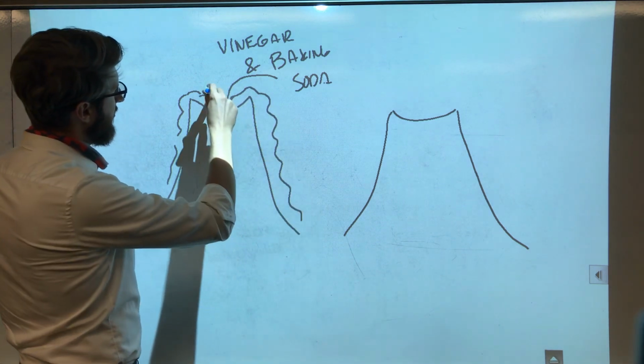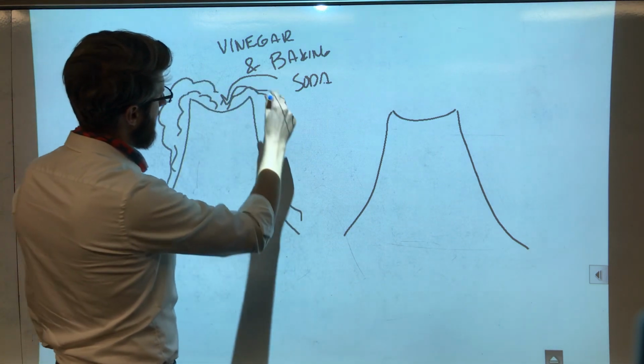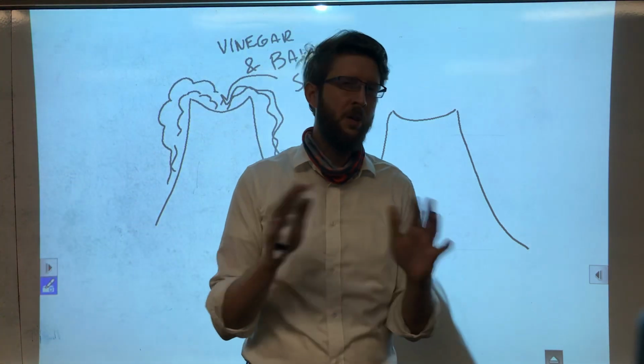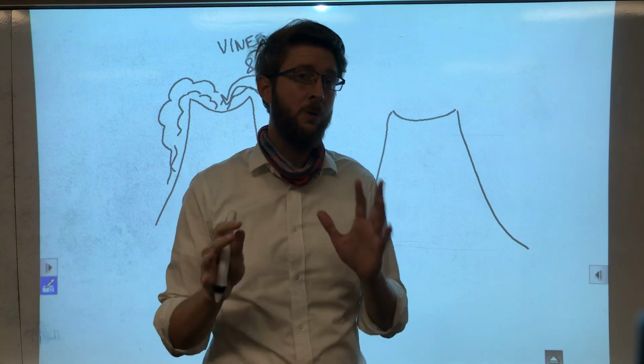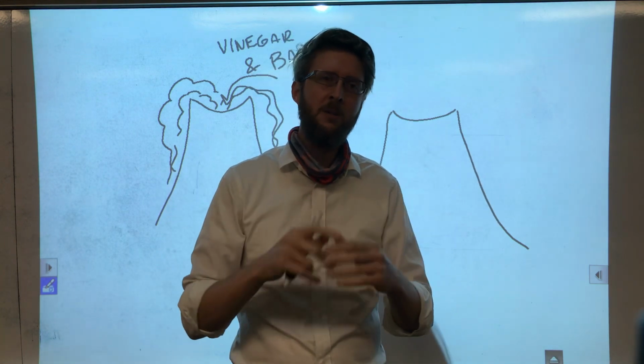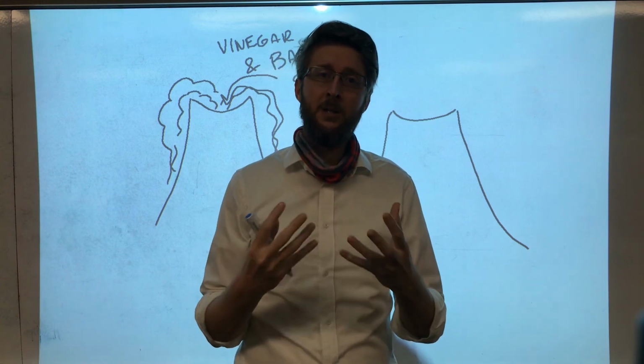Okay? The vinegar is an acid, the baking soda is a base, and when you mix an acid and a base together, and don't worry if you don't know what acids and bases are, that's okay. Just know that whenever you mix an acid and a base together, there's a little chemical reaction that happens.